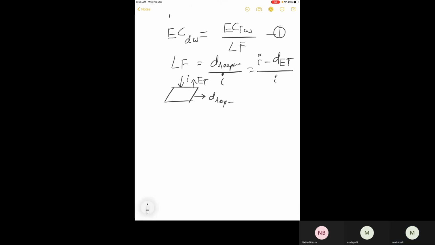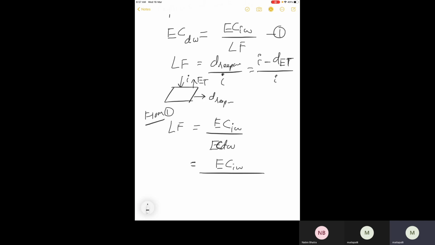Now, so LF is equal to, so since LF is equal to EC, from equation 1, LF is equal to EC IW divided by EC DW. So after having many experiments, the scientists proposed a generalized equation for this EC DW.